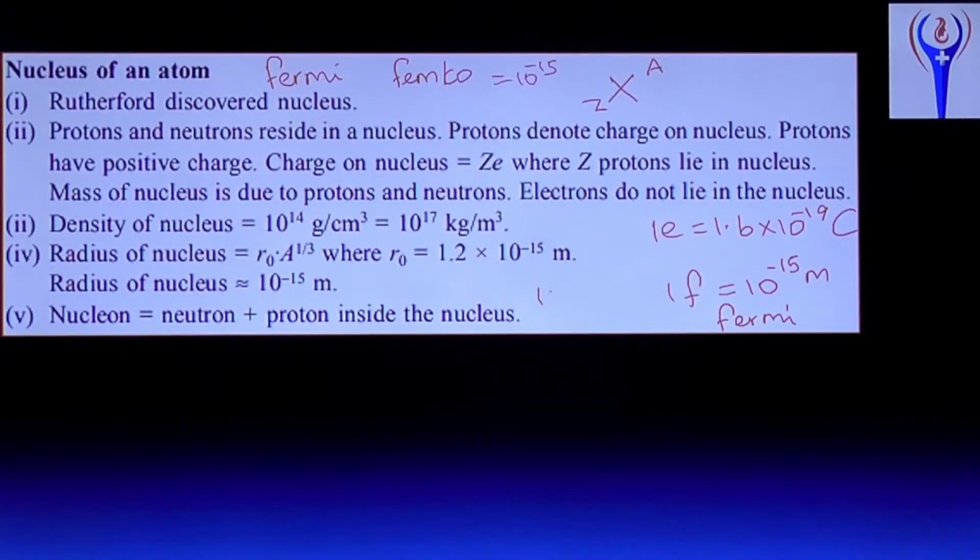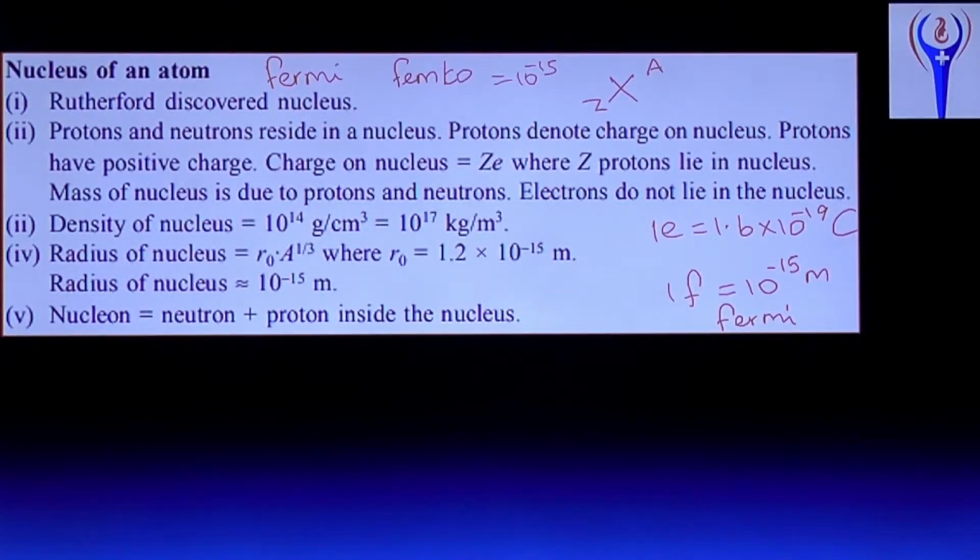Femto means just 10 power minus 15 as a multiple of 10. Just like kilo. Kilo means 10 power 3. 10 power 3 meter means kilometer, 10 power 3 gram equals kilogram, 10 power 3 liter is kiloliter, like that.